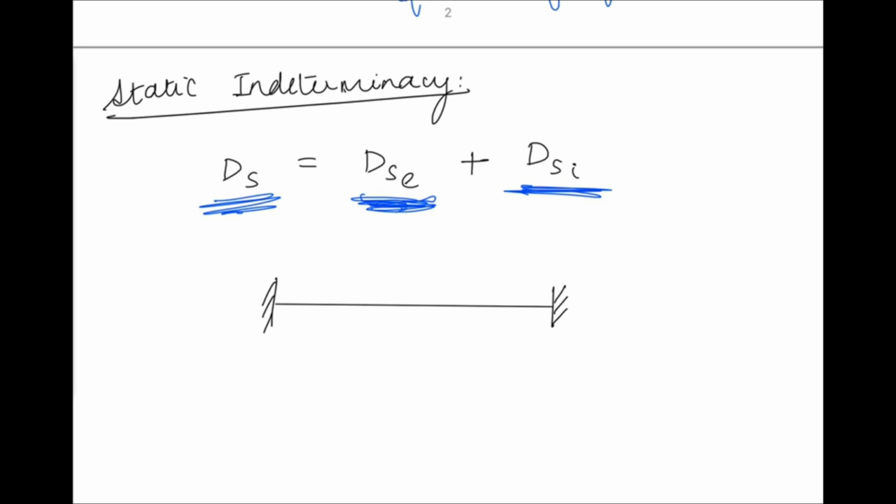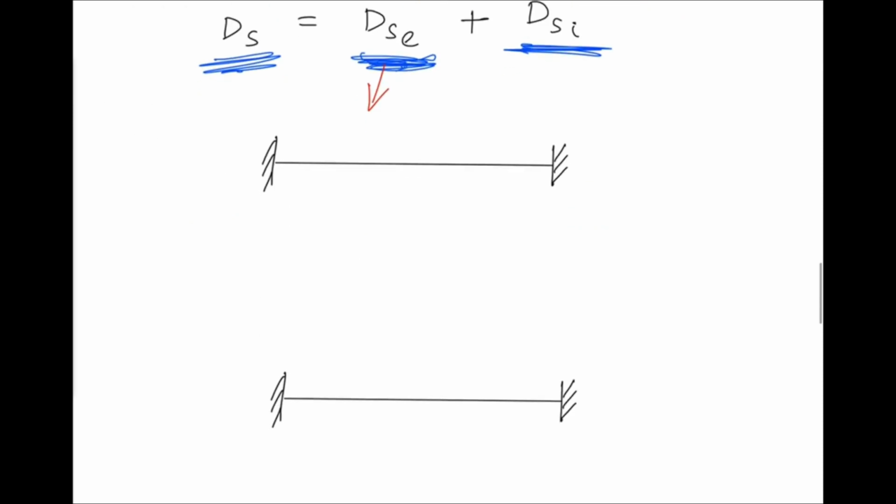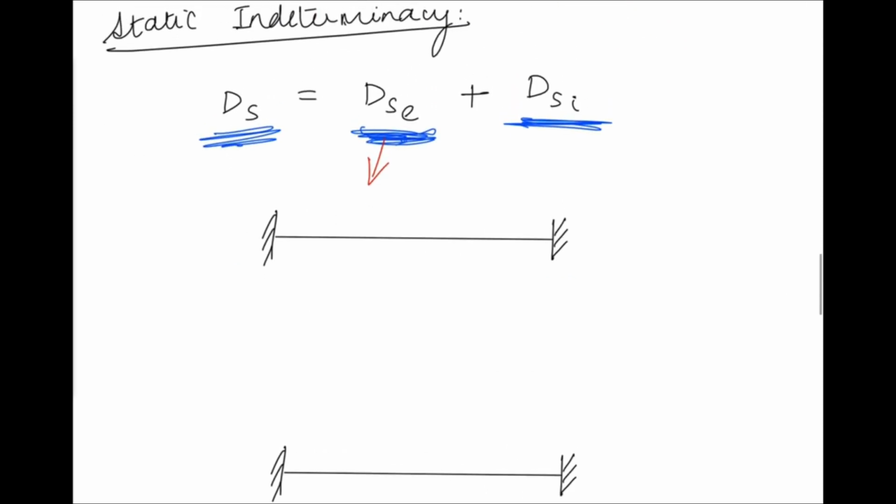For the external part, let's just say you consider this. This is a fixed beam. You can see fixed supports on both sides. In case you have a loading like this, an inclined load, what will the reactions be? Of course, for a fixed support you have three reactions: one vertical, one horizontal, and one moment.